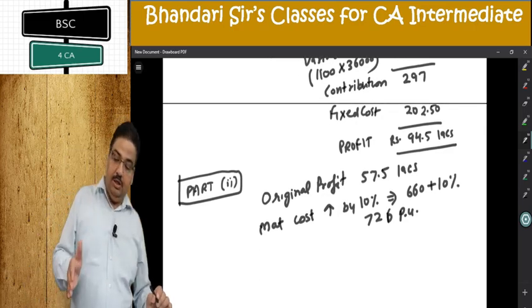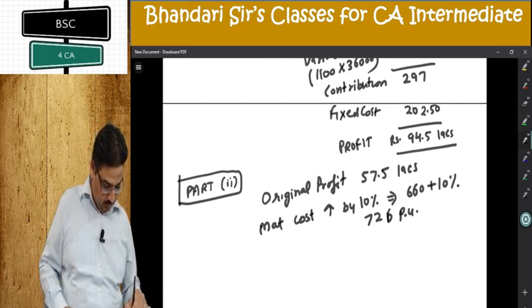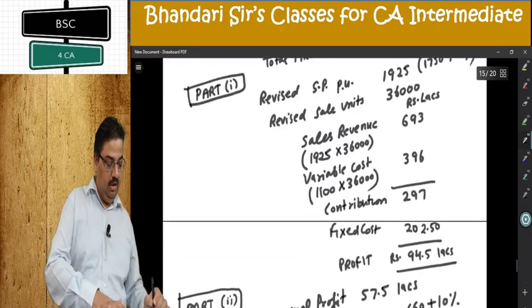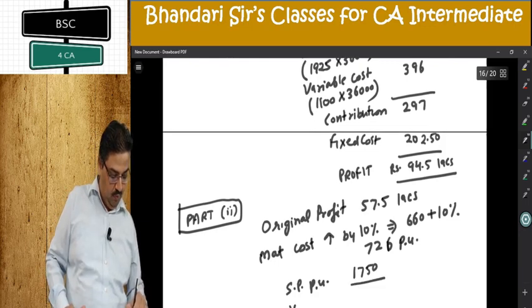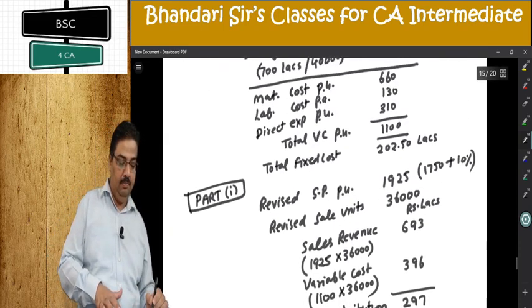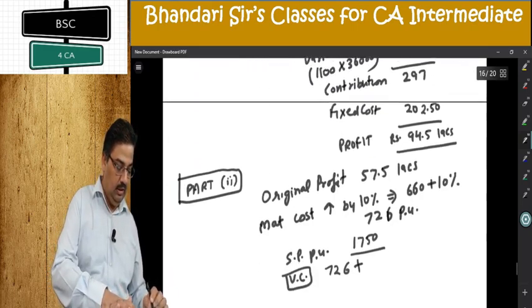At the original selling price. Selling price per unit applicable: 1750. Variable cost: 726 plus other variable costs per unit are same, 130, 310.